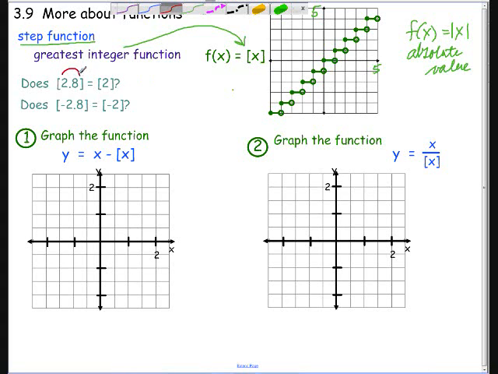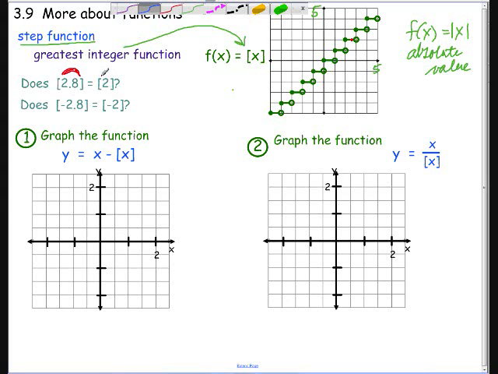So 2.8, this one here, we're going to mark it right here. We said it would be right about here, right? Probably doesn't show up very good. Let me hit that a few more times, make it a little more evident.